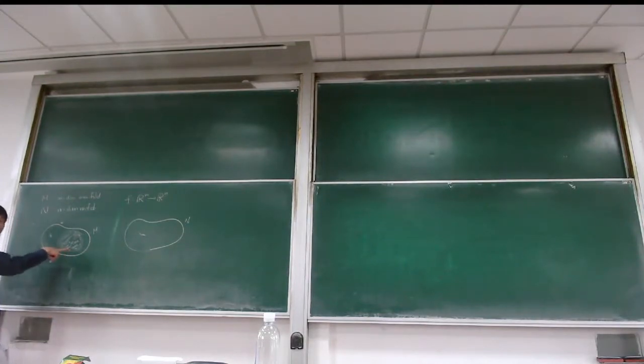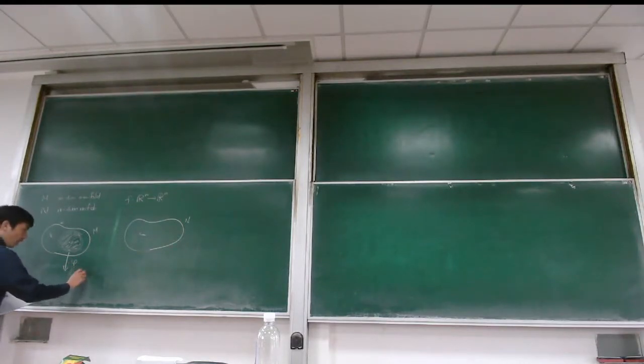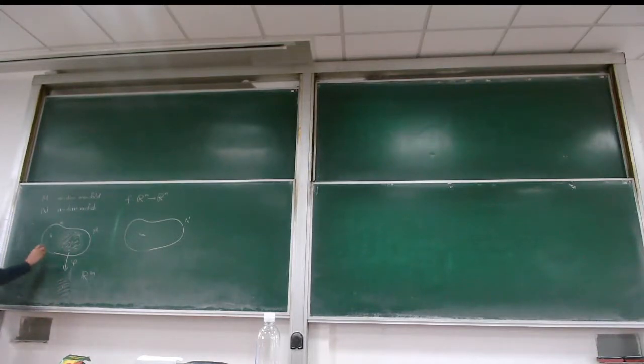So this is one chart of the manifold, and there is a map phi which maps to some open patch inside R^n. I call this U alpha, with a bar on it.